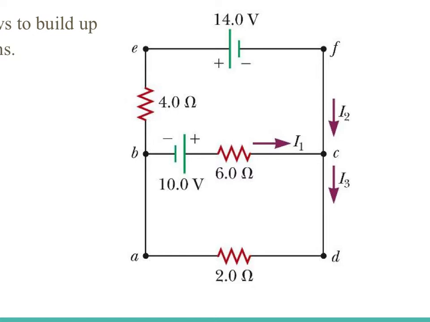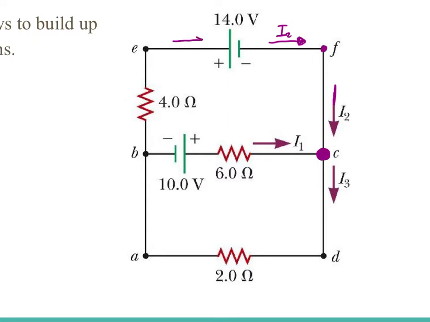We have the currents pre-drawn in there. Current 2, current 1, and current 3, all relative to junction C. I'm going to use the idea of the junction rule not to show it's happening at C, but to show it's happening at F. At F, there's current going into F, and there's current going out of F. And because there's no other place for it to go, this must also be I2.